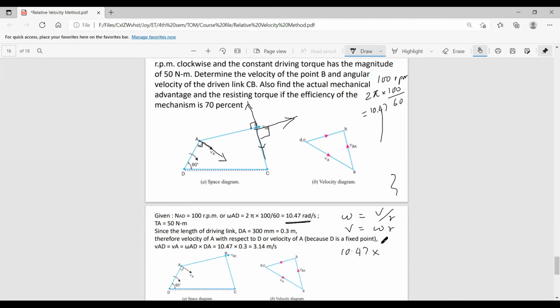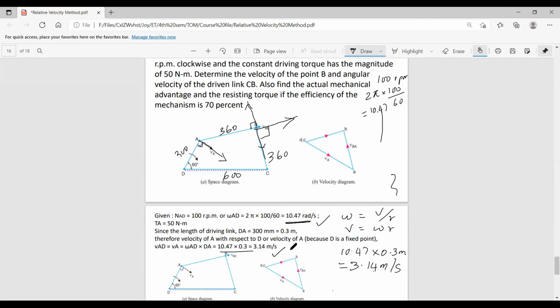The radius of DA is given as 300 millimeter, that is 0.3 meter. So this will give you 10.47 into 0.3, that is 3.14 meter per second. So based on the given data, I found the angular velocity, and I found the velocity.